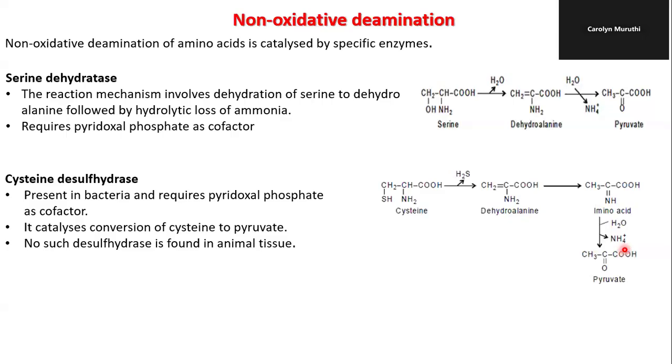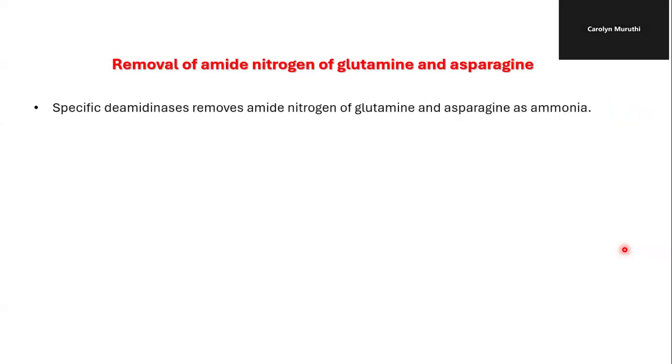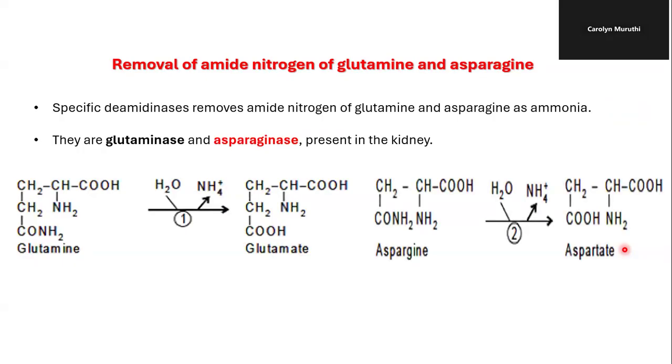So what are we seeing? The breakdown of this amino acid is generating a carbon skeleton and ammonia. There are also other amino acids which have an amino group at their R or side chain. And these include glutamine and asparagine.